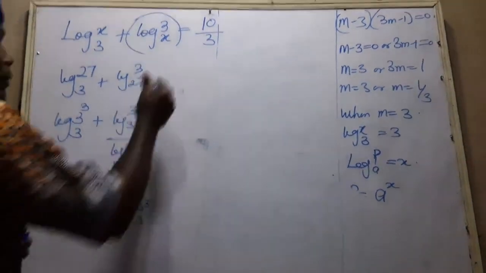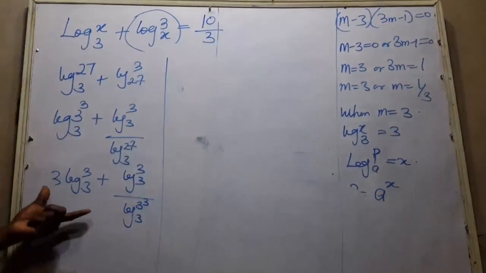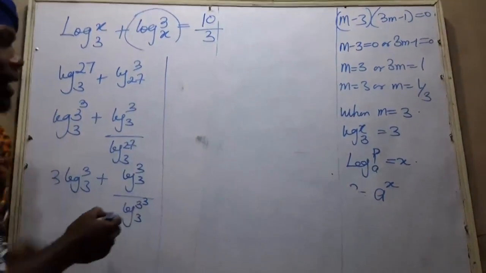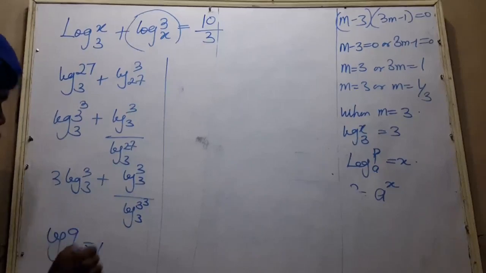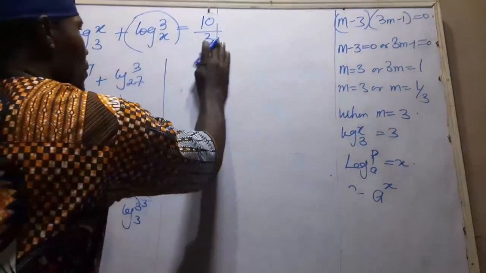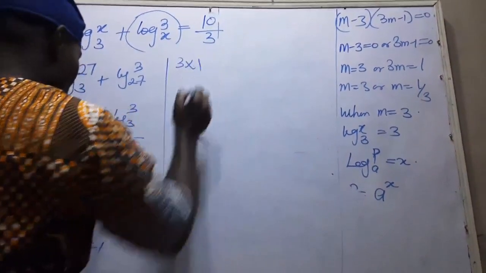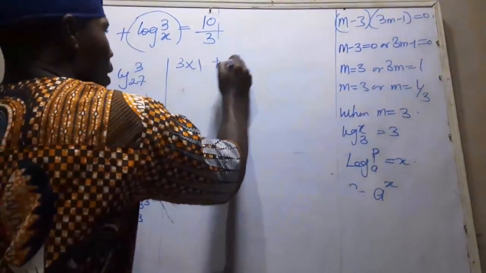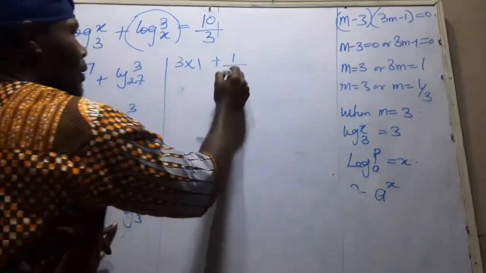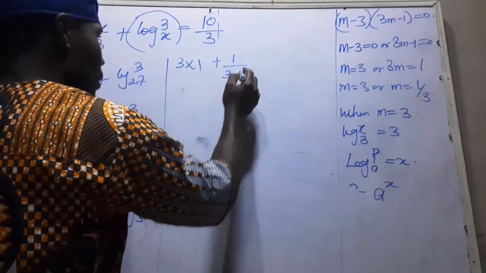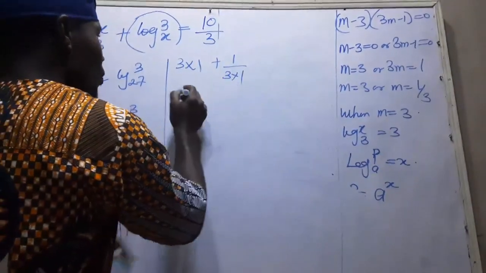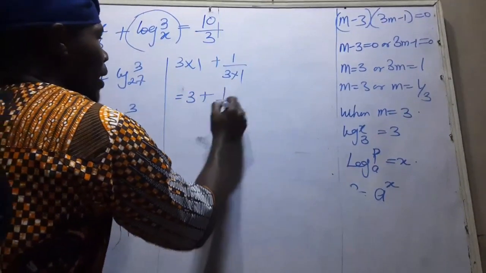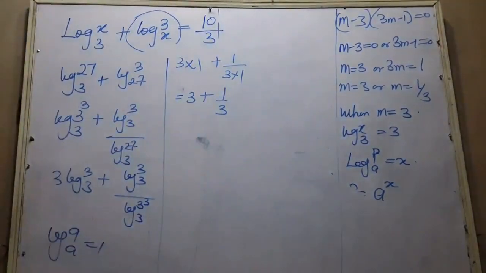So now this will give us, as I said earlier, that the logarithm of the same base is equal to 1. So here will give you 3 times 1 plus 1 over, this one will come down, 3 times 1, which will give you 3 plus 1 over 3.